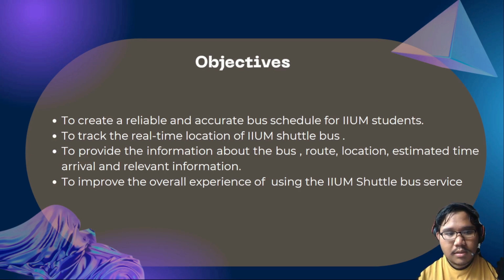Next is to provide information about the bus route, location, estimated time of arrival, and any relevant information about the shuttle bus. This means students can see any display about the location, the estimated time of arrival, and any relevant information about the bus. This is to help students plan their journey more effectively.